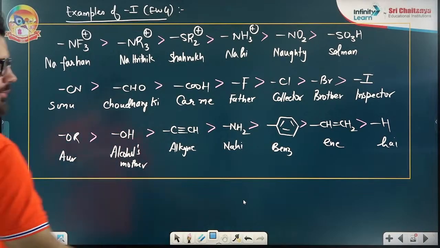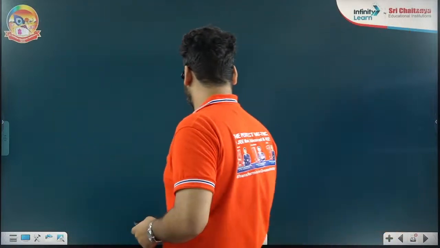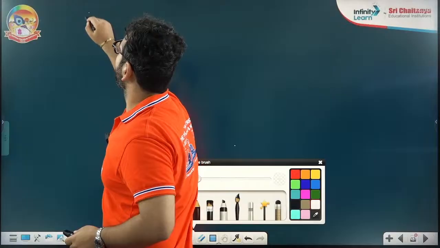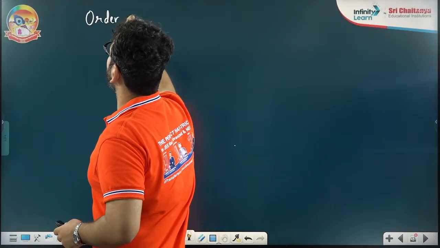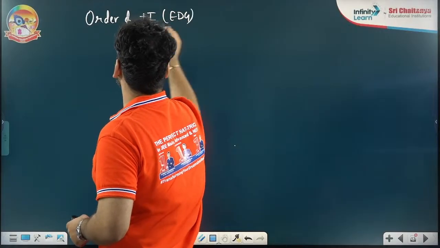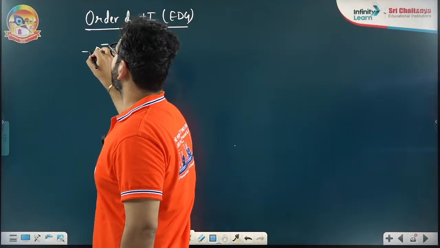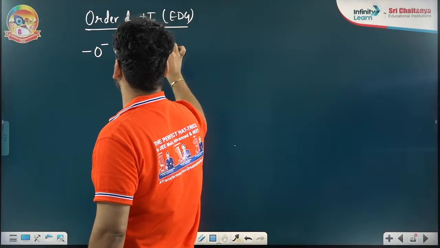Then it comes to the order of plus I. Electron donating groups. There are not many electron donating functional groups, just O minus and COO minus you can remember.